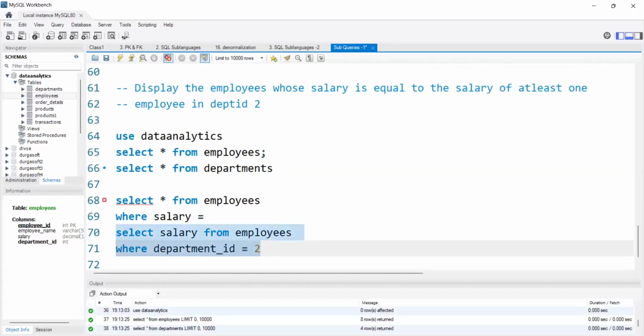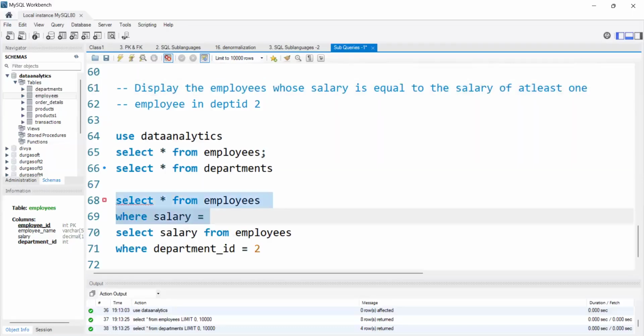First we need to find the salaries of every employee who is working in department number 2, and then I'm saying that I want the details of the complete employees. We are not talking about any particular department, we're talking about the complete employees.